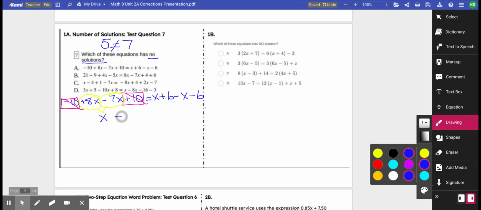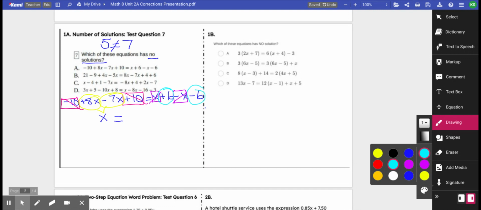1x equals, and then I do the same thing on the right hand side. So if I look, I can combine my x and my negative x, and just like the 10s on the other side, they end up canceling, because if I have an x and I take away an x, it's 0. Then I have my positive 6 and my negative 6.